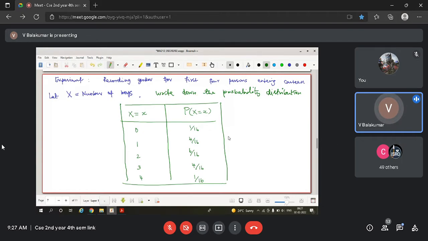And also we observe each probability is greater than or equal to 0. And if I add all these probabilities, I am getting 1, because our random variable values are covering all the categories. So the sum of the probabilities is equal to 1. We could verify from the table also.